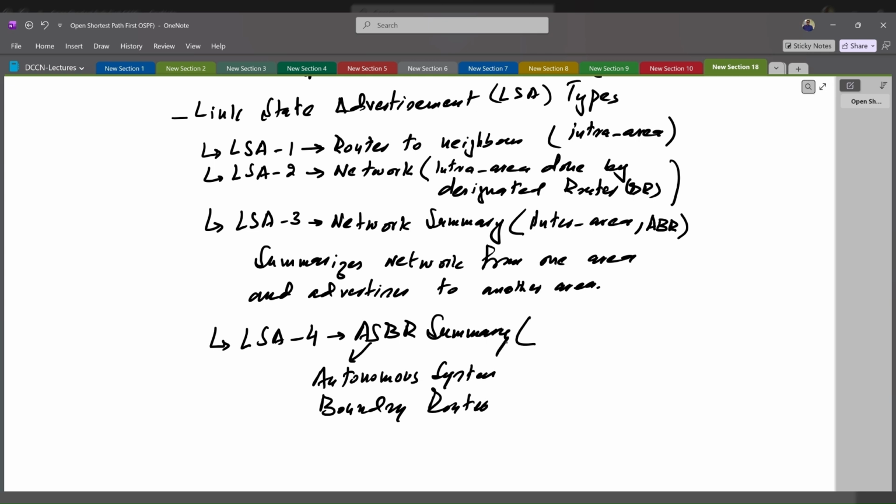This means the area border router, ABR, tells the info of the path to the ASBR, the autonomous system boundary router, to all other routers in other areas.